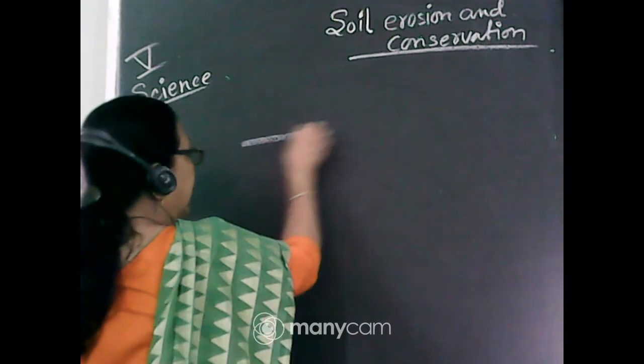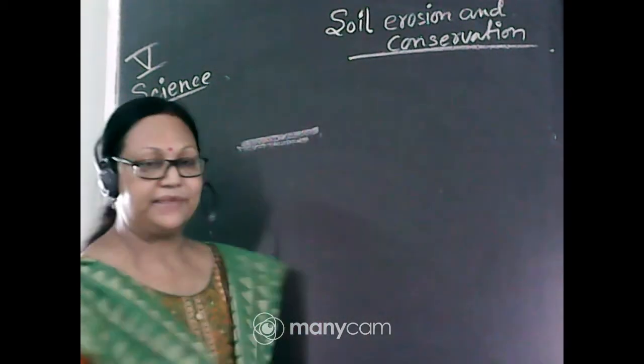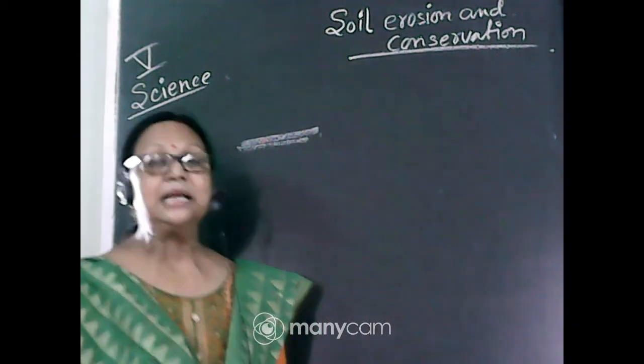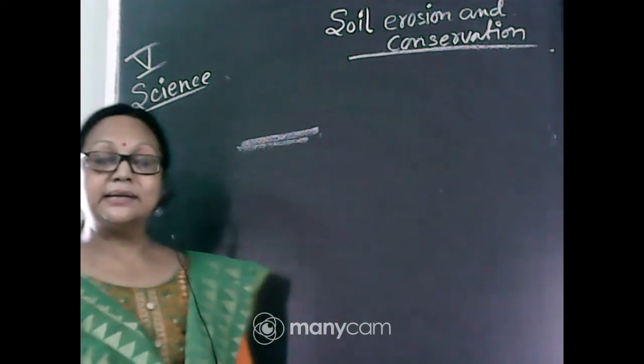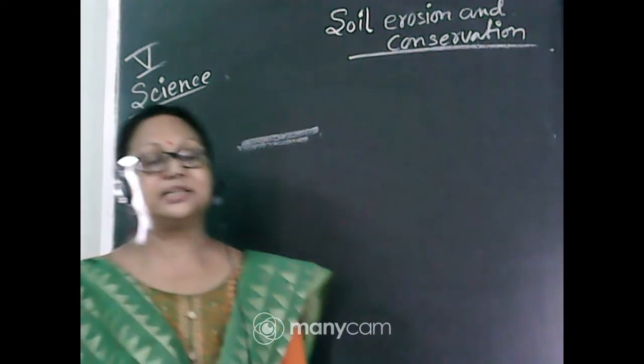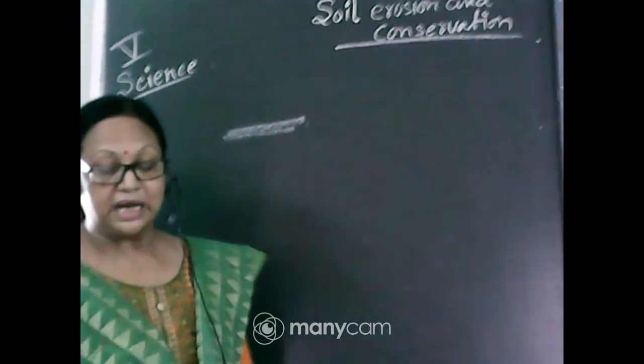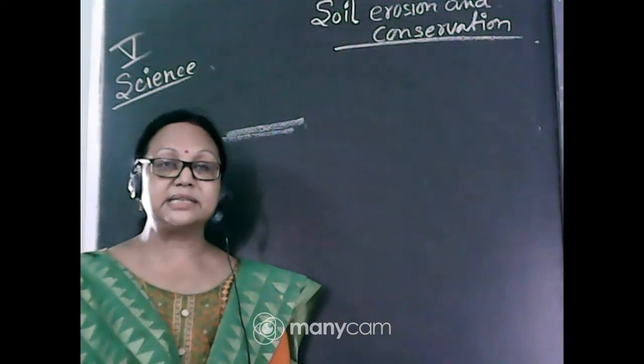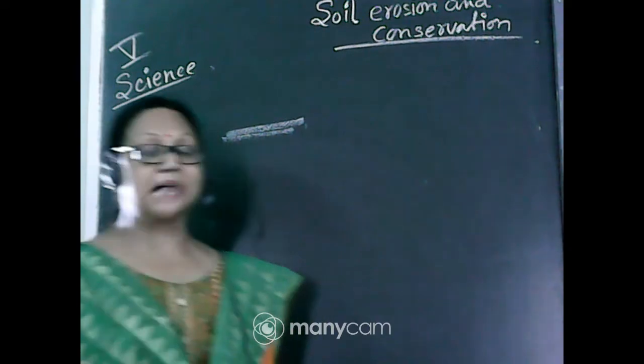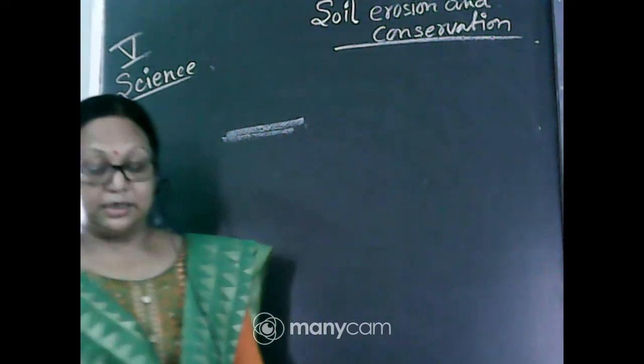And in the uppermost layer there are many minerals present which are very important for the soil. How the soil is formed I have explained, but we will quickly revise.